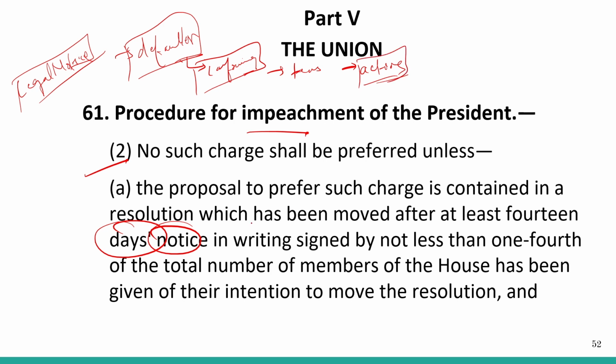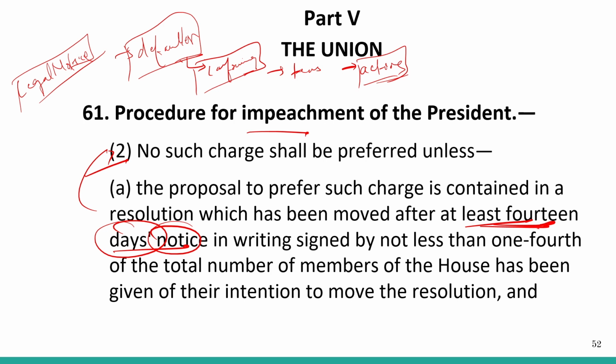In the same way, a notice will be provided at least 14 days before to the president that impeachment is going to take place in this particular house. And in order to get that notice, what is the important requisite?